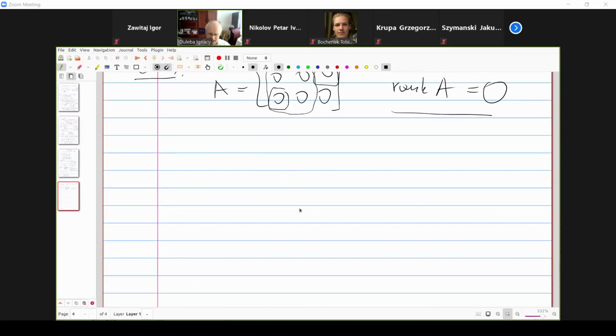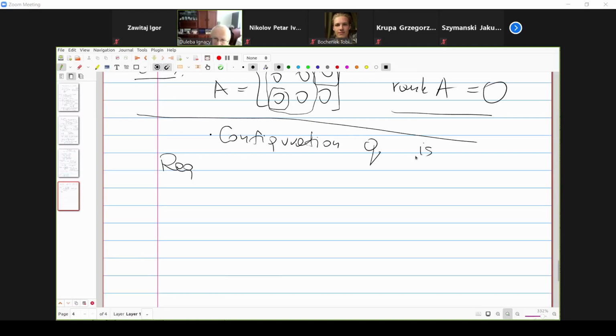So based on that, let's define the main concept. Configuration Q is regular when the rank of the Jacobi matrix at this configuration is maximum.